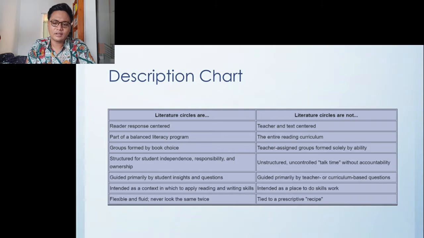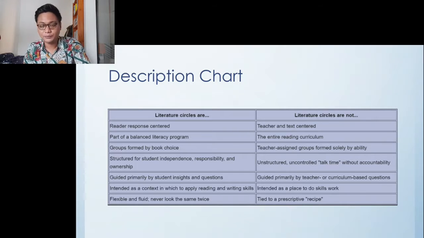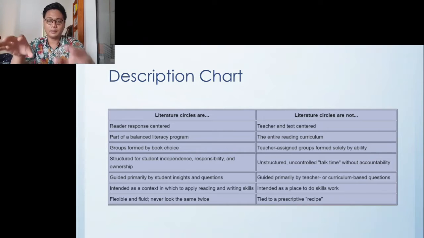Then the last is flexible and fluid. Never look the same twice, and literature circles are not taught as a prescriptive recipe.